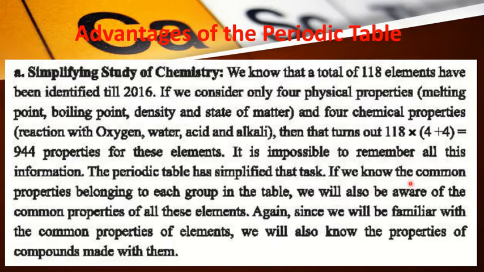If we know the common properties belonging to each group in the table, we will also be aware of the common properties of all these elements. Again, since we will be familiar with the common properties of elements, we will also know the properties of compounds made with them. For example, if you know the property of chlorine, then you will know the property of sodium chloride also. And if you know the property of sodium chloride, you can tell the property of sodium bromide, sodium iodide or sodium fluoride. So, the periodic table simplified the study of chemistry.